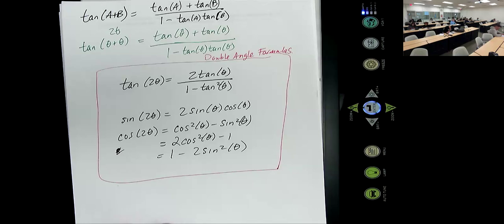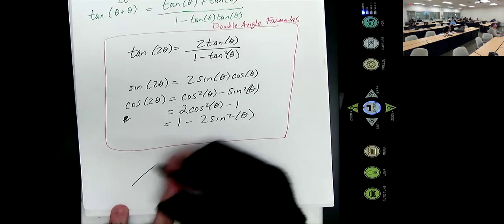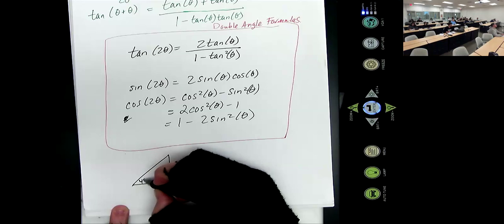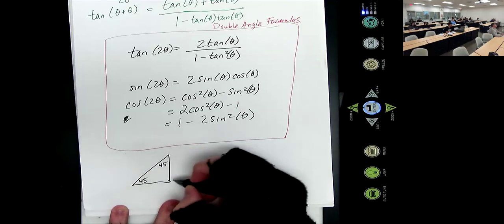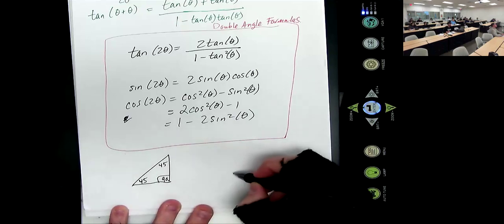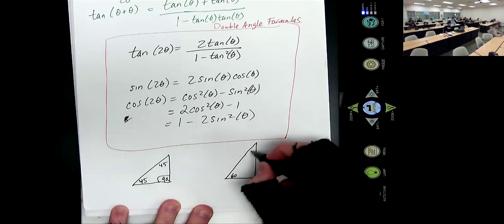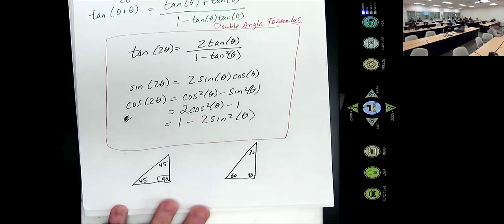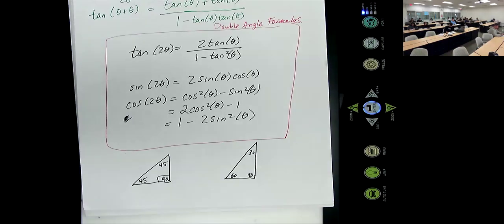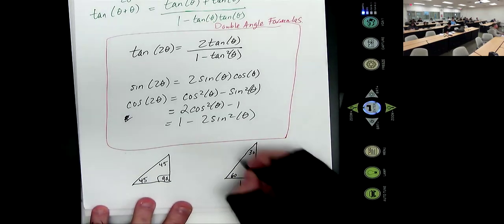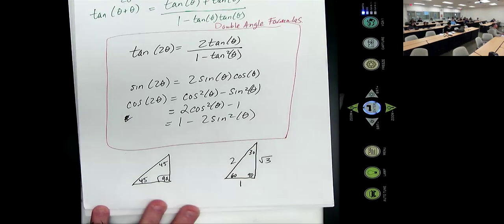I'll show you guys something Victor put on his test for his unit circle that will really help you quickly get your trig values. He had the 45, 45, 90 triangle, which is common in engineering, architecture, or construction, and the 30, 60, 90 triangle. That one is 1, that one is 2, that one is square root of 3.